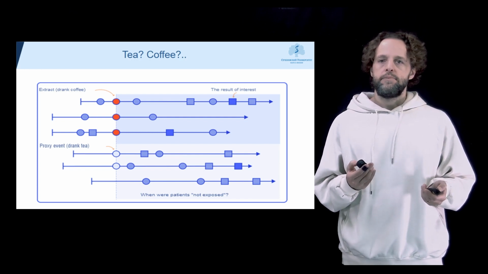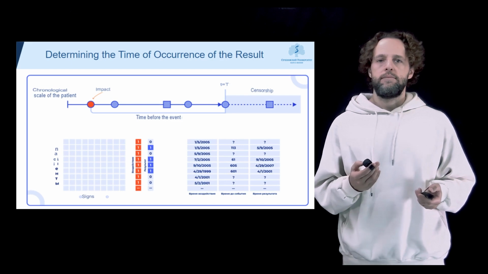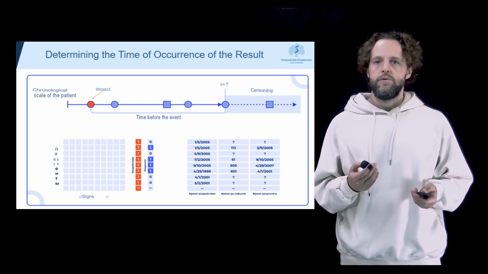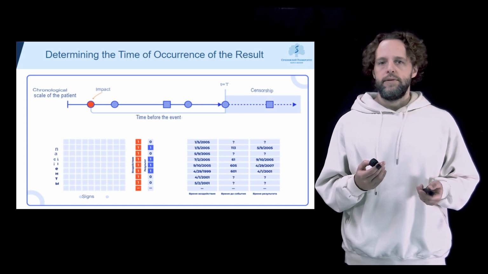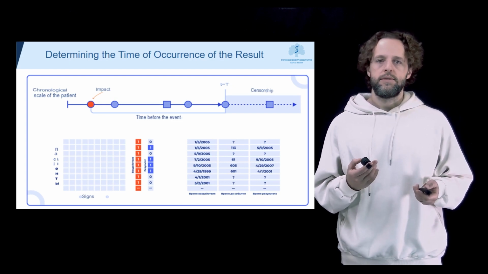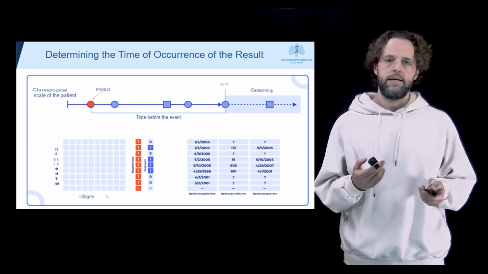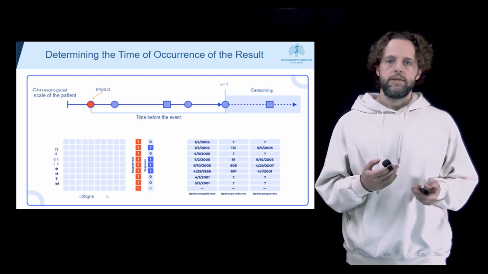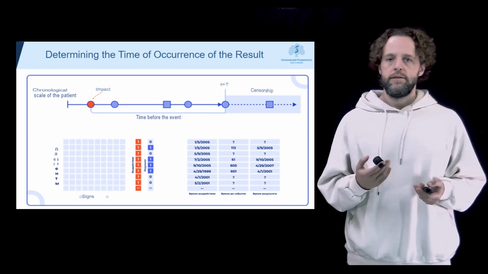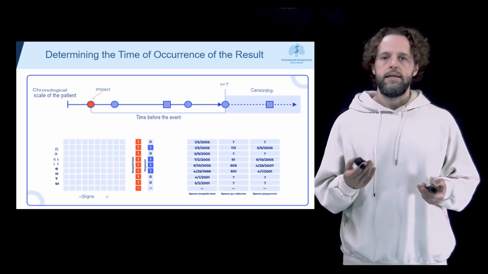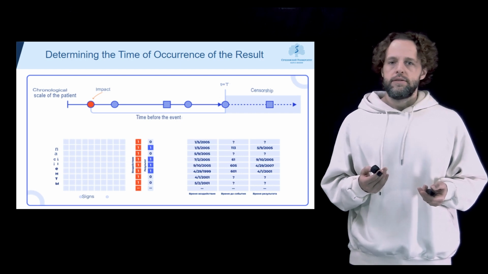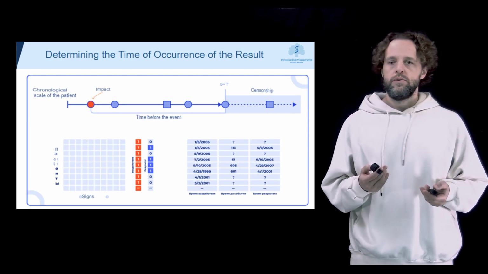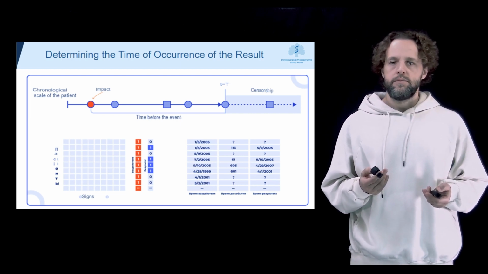The next step is to determine the time of the outcome. We need this to calculate the time to event, which is the difference between the time of the outcome and the time of exposure. Without a time stamp of the outcome, we can't calculate the time until the event. In epidemiology, this condition is called right censoring.